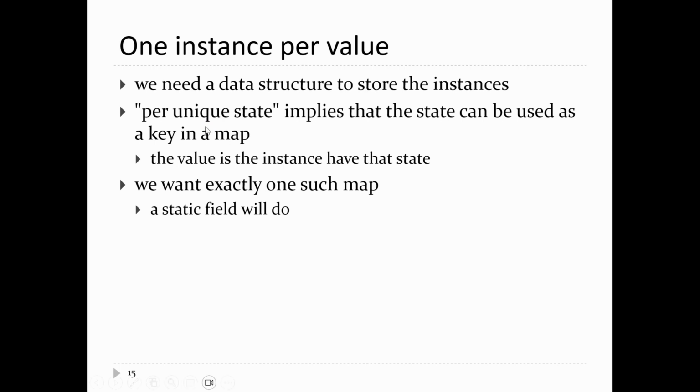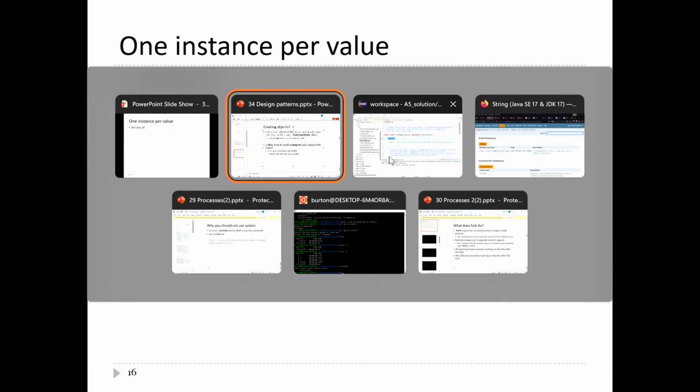I can store the objects in the map as the values, so your keys are your states, and your values are the objects that correspond to those states. I only want one of these maps, so I don't need multiple maps containing all of the different instances. One will do. And so again, a static field will suffice for our purposes. So let's try this.